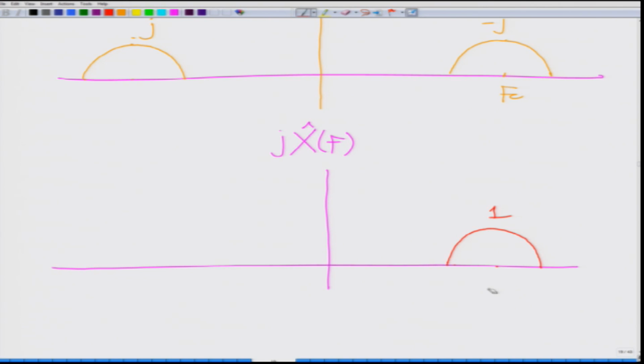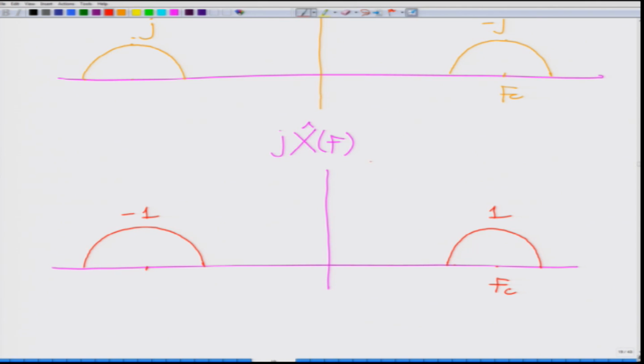This is at your carrier frequency f_c, and this is at minus f_c. The negative band is multiplied by j, and multiplying that by another j gives j times j, which is minus 1.